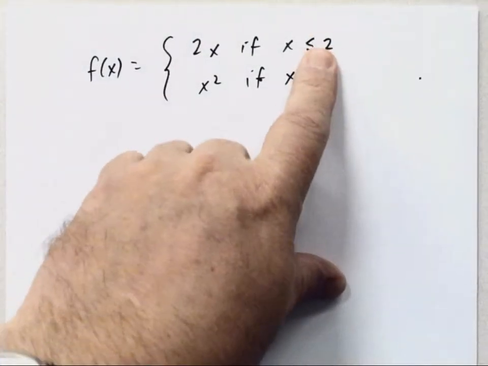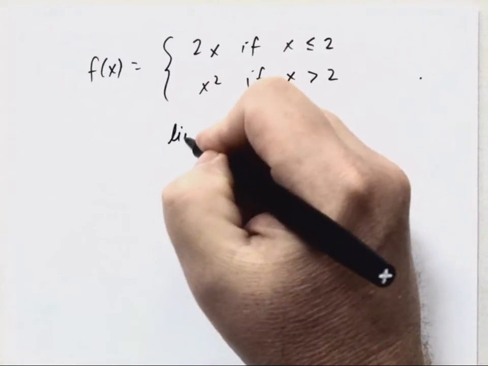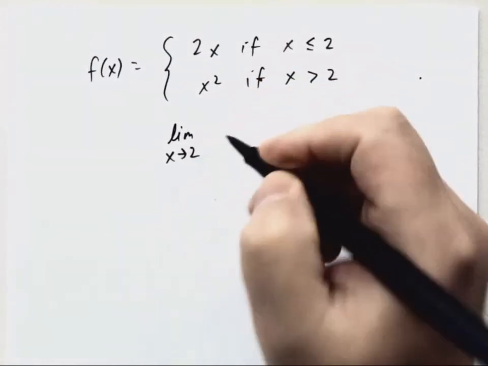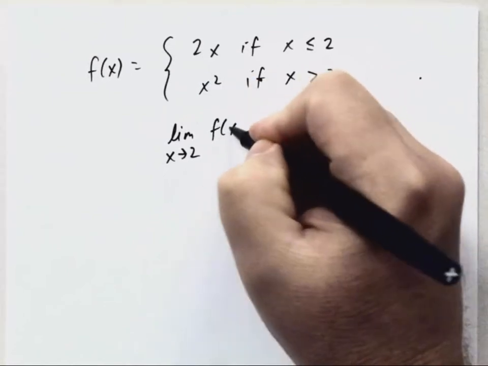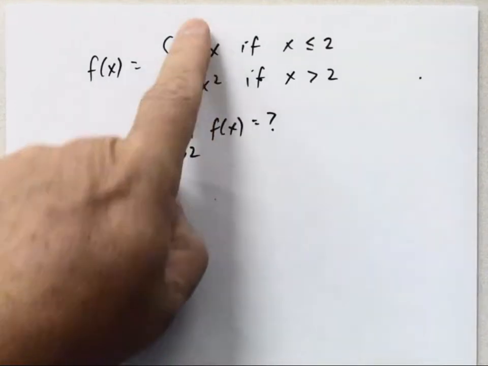So it looks like x equals 2 is my dividing point where the function changes. So naturally, they want us to determine the limit as x approaches 2 of this function.